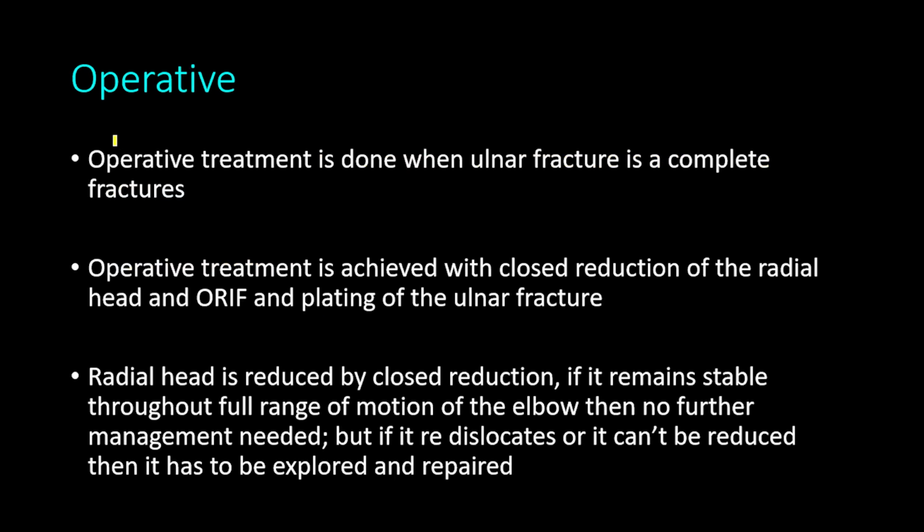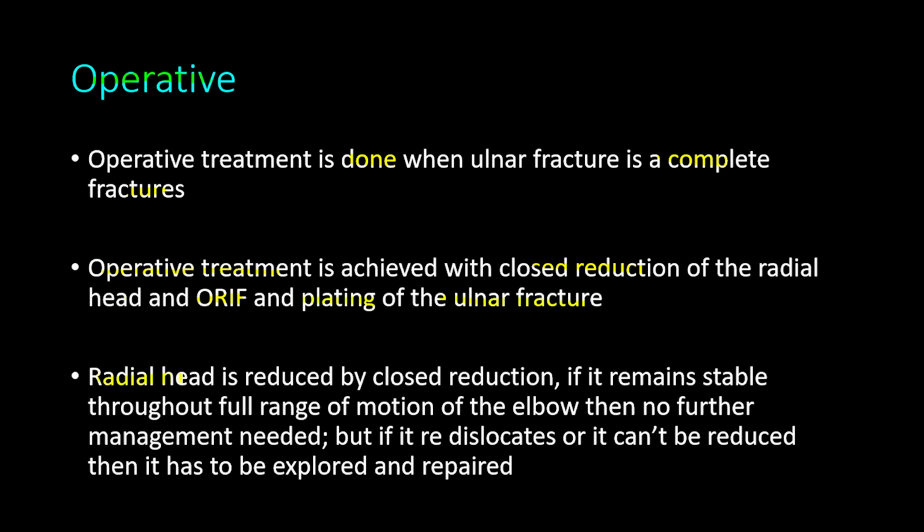Now let's talk about the operative treatment. So the operative treatment is done when the ulnar fracture is a complete fracture, in adults and in children. And the operative treatment is achieved with a closed reduction of the radial head and an open reduction internal fixation and plating of the ulnar fracture.